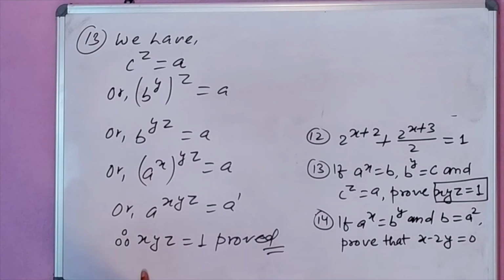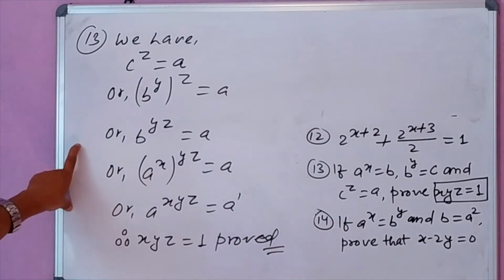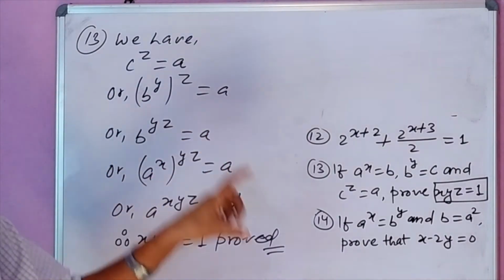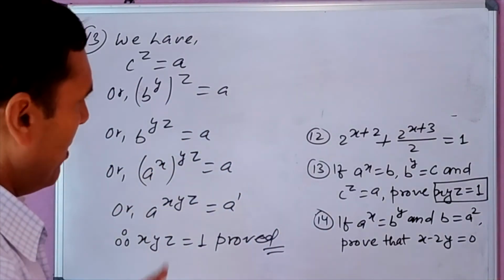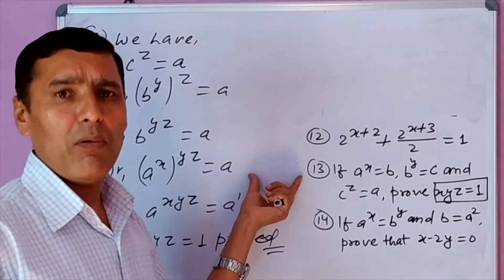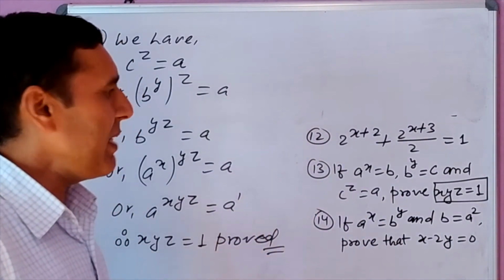This could be proved very easily by making the same base on both sides. Don't be confused. The main thing is to understand the technique, how we can make the same base on both sides.